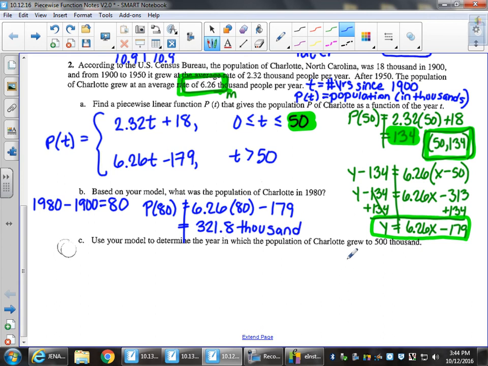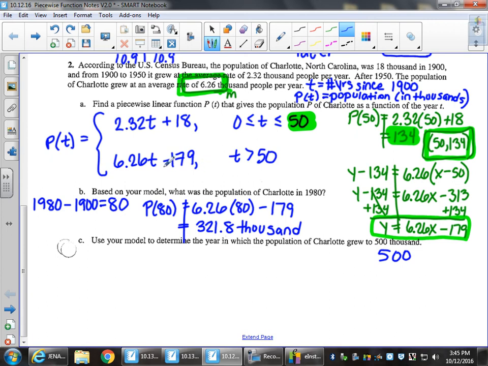Part c asks, use your model to determine in which year the population of Charlotte grew to 500,000. Again, we will interpret 500,000 just as 500. To figure out which piece we use, I see that I have an initial value of 179,000.